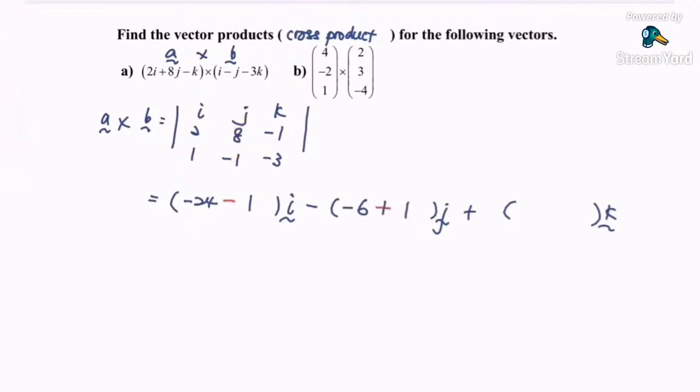Next is to find K. Kindly close up the K. So focus on this part, where we have -2 minus 1 multiplied by 8, so we will have 8.